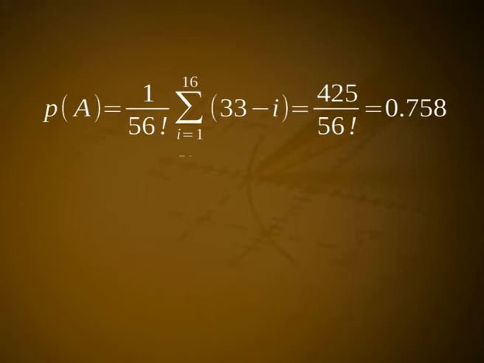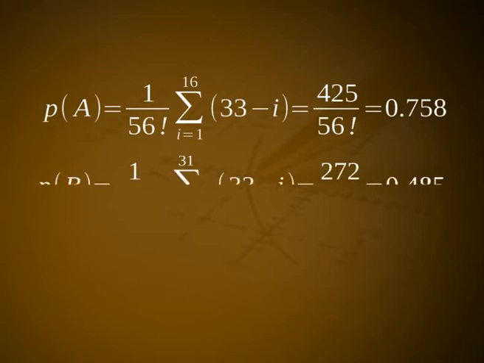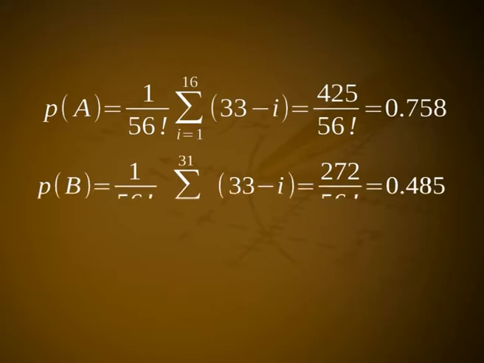And P of A equals 1 by 56 factorial summation i ranging from 0 to 16, 33 minus i equals 425 by 56 factorial equals 0.758.